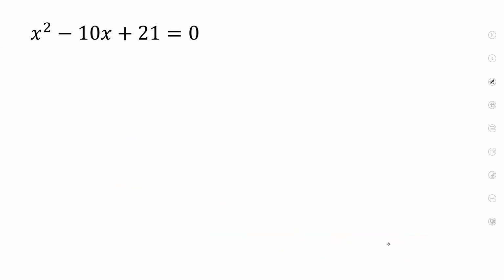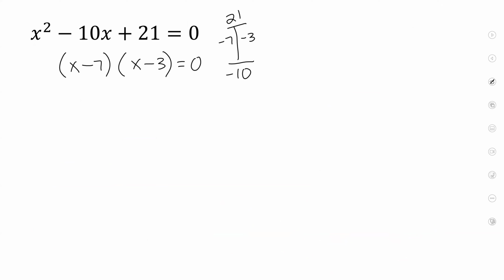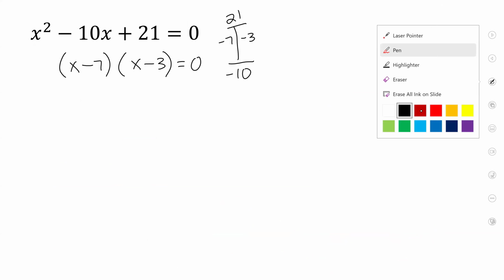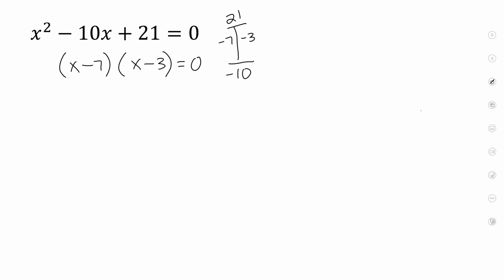This one's easy. You can just go straight to an eye chart. I need two numbers that multiply to 21, add to negative 10. Good. So this will be x minus 7 times x minus 3. You set this one equal to 0, and you set this factor equal to 0.